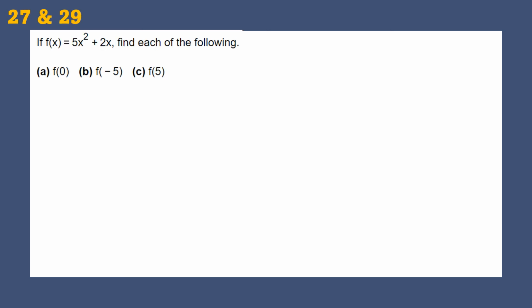For each of these, find the following. And now, do not think this is f times x. That f of x notation is to just say, hey, we've got a function of x, and what I want you to do is plug in, everywhere you see an x, a 0. And so for that, what we'd say is f of 0, and we plug it in, and what we get is 0. So f of 0 is 0.